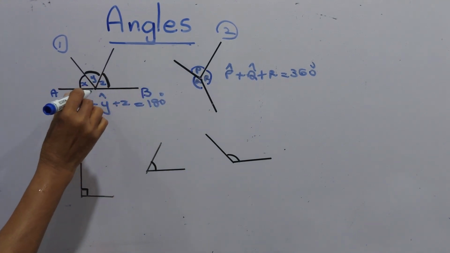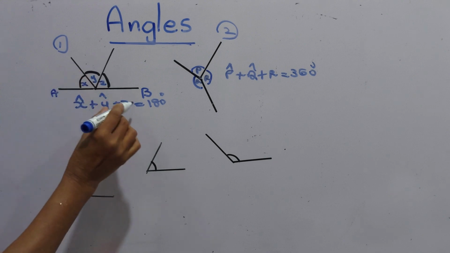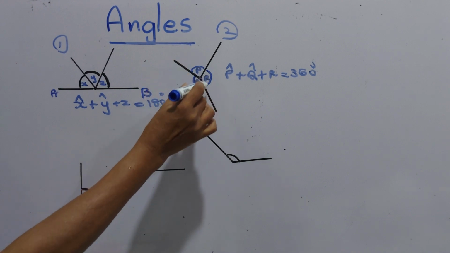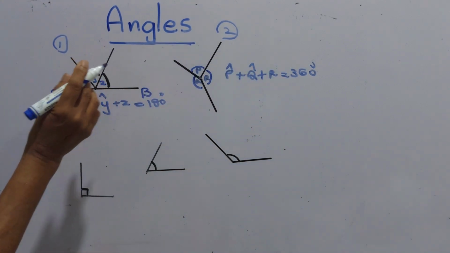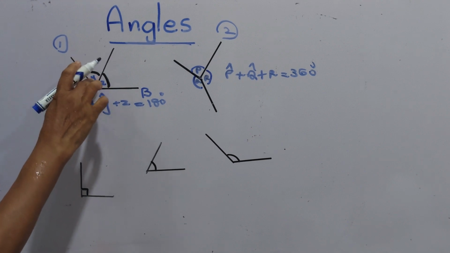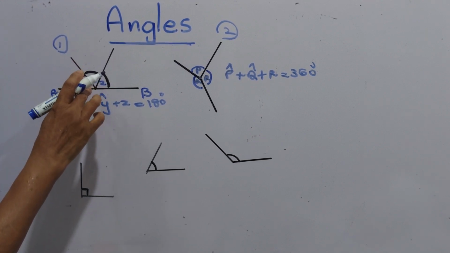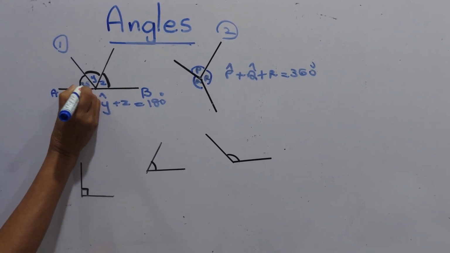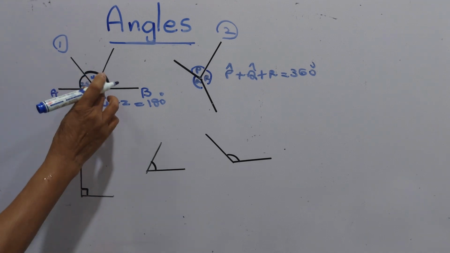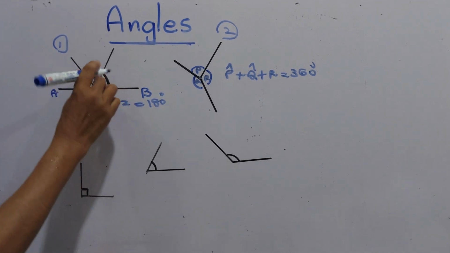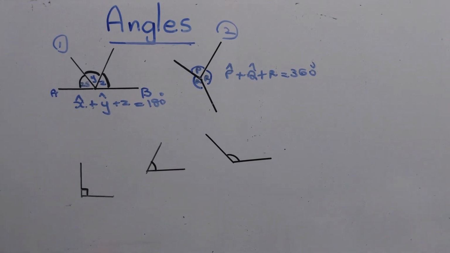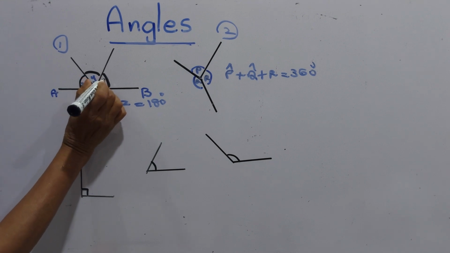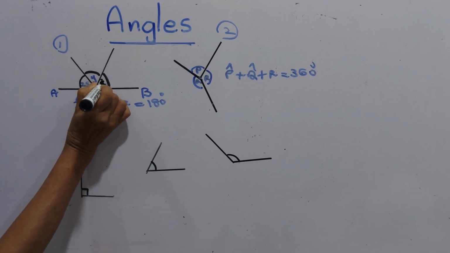This first figure, angles on a straight line, adds up to 180. Second figure, angles at a point add up to 360. Then if we know two angles of this straight line, let's say X equals 25 degrees and Z equals 60 degrees.